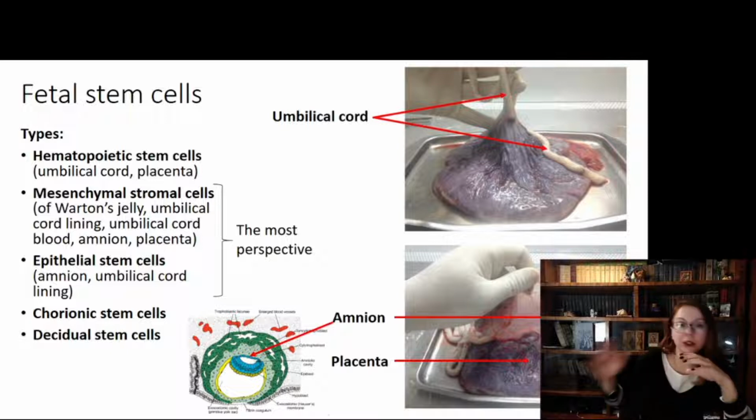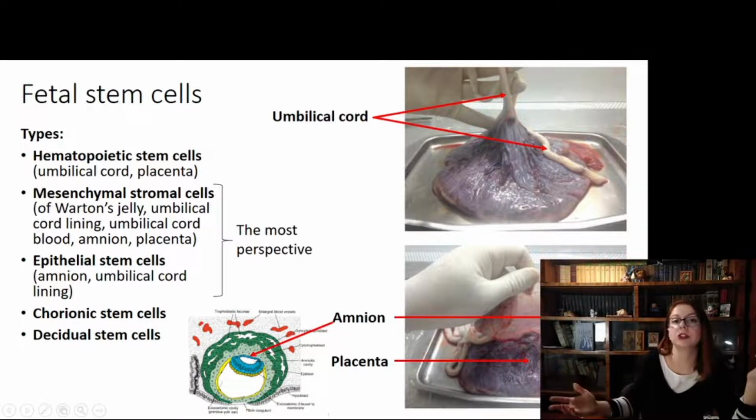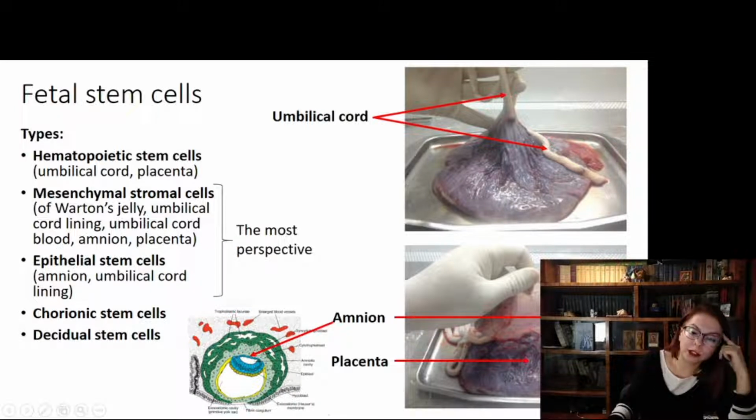In vitro, such experiments are more or less successful, but the problem is that we have to distinguish stem cells in the amniotic epithelium from differentiated cells, and it is very difficult to do, because stem cells are very heterogeneous and it is very difficult to distinguish them from others.